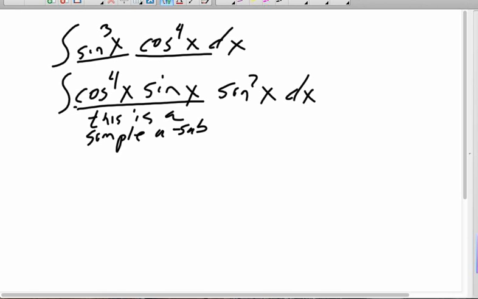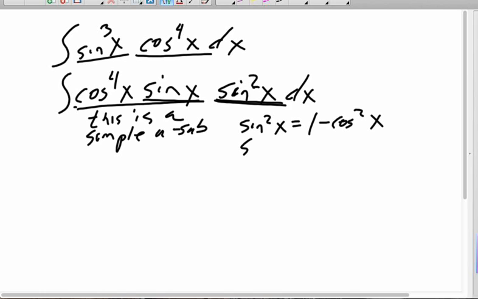What people figured out a long time before Newton and Leibniz ever did this was that this is the Pythagorean identity. Now all I want is just one sine of x. I can use a Pythagorean identity, which is that sine squared of x is 1 minus cosine squared of x.